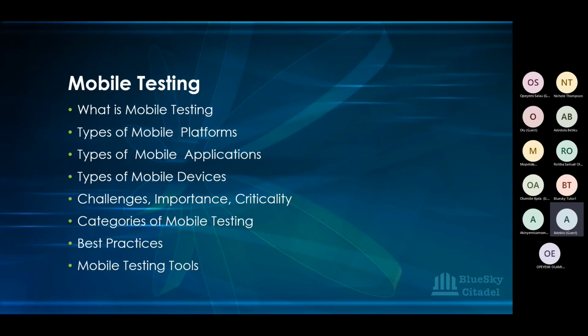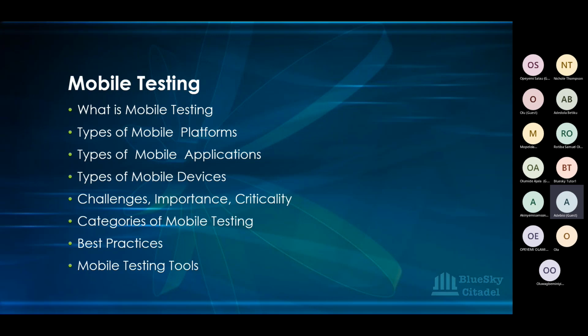The importance of this introduction is to have an understanding of what a mobile application is and its various types, so that when we start working as a mobile tester, we know what to look out for, what to plan, how to plan our testing, the strategies, what devices we need to know, how to write our test cases, and how to access data in order to test our applications properly.